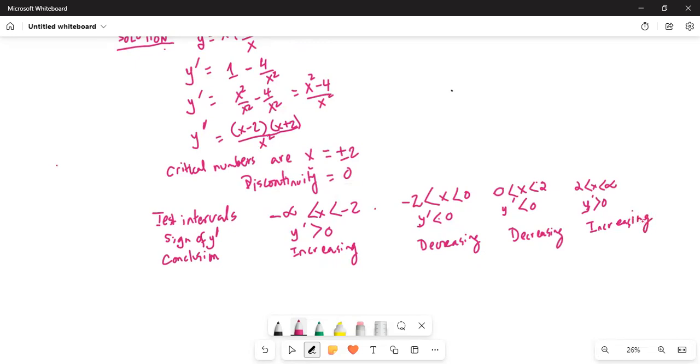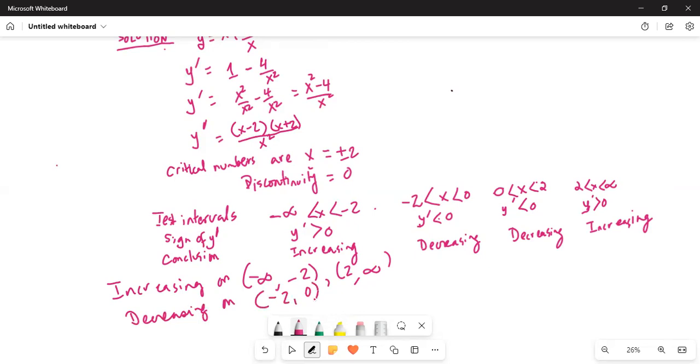Okay. So increasing on minus infinity to minus 2, and then from 2 to infinity. And decreasing on minus 2 to 0, and then 0 to 2.